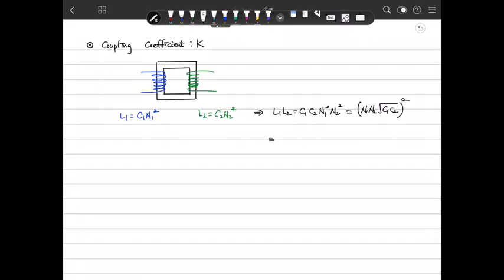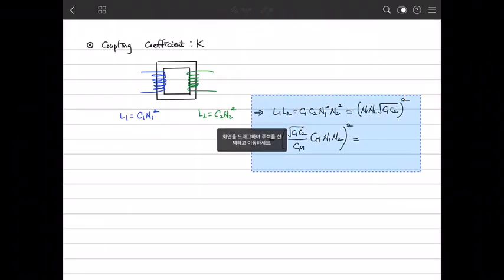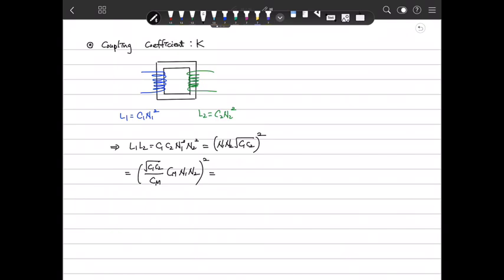So to represent here, Cm squared is C1 C2 and N1 N2. We can represent the same thing.